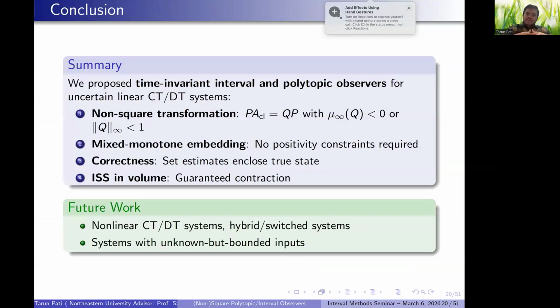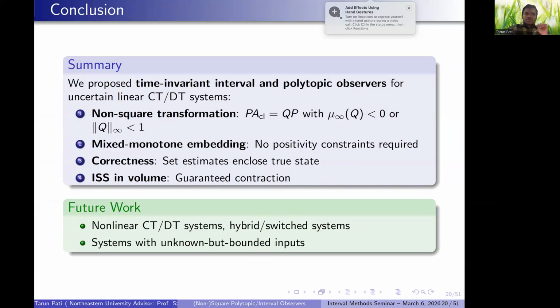To summarize, we propose time invariant interval and polytopic observers for detectable linear continuous or discrete time systems. We achieved this using a potentially non-square, that means P is tall, transformation, with P ACL equal to QP, and with the guarantee that Q is contractive.